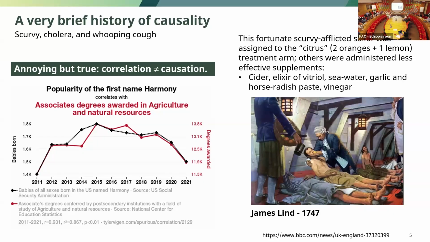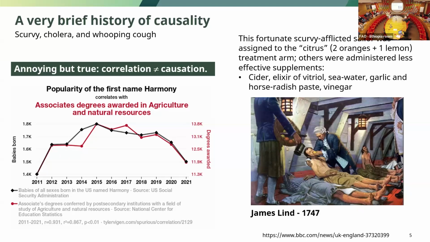So in this particular example, which I think is appropriate for the folks in the room and for readers of the book, what is the relationship between the popularity of the first name Harmony as a daughter's name in the US and the number of associate's degrees that are awarded in agriculture and natural sciences? You take a look at this relationship over time. We see a U-shaped curve between the years 2011 and 2021.